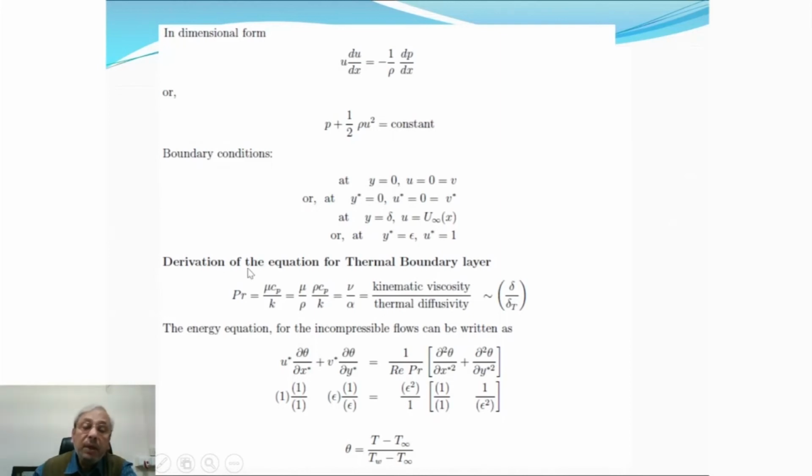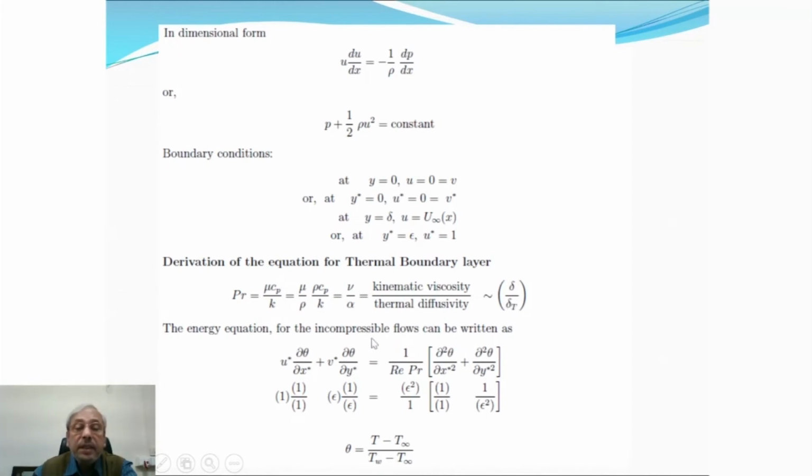In order to derive the thermal boundary layer equation, we have to first take help from the definition of Prandtl number. Prandtl number is given by mu Cp by K. We can rearrange it as mu by rho into rho Cp by K, or nu by alpha. That means kinematic viscosity divided by thermal diffusivity. And this is of the order of velocity boundary layer thickness by thermal boundary layer thickness.